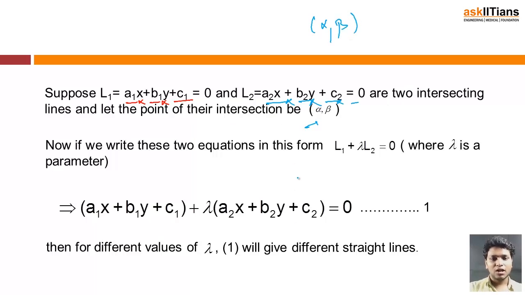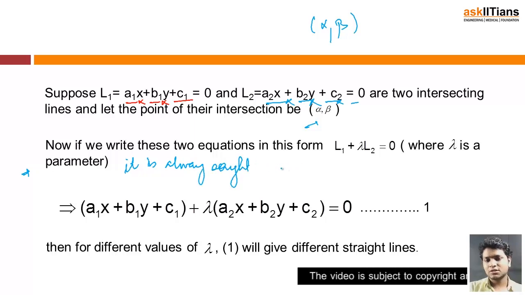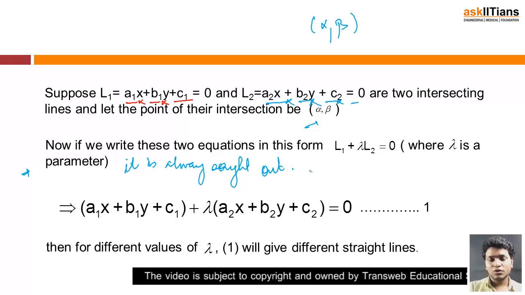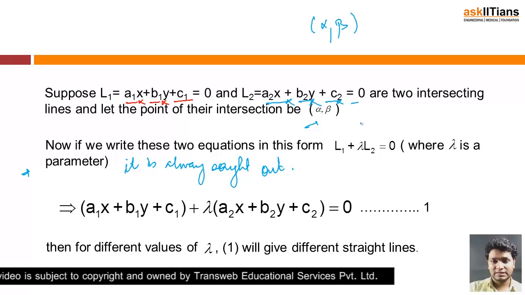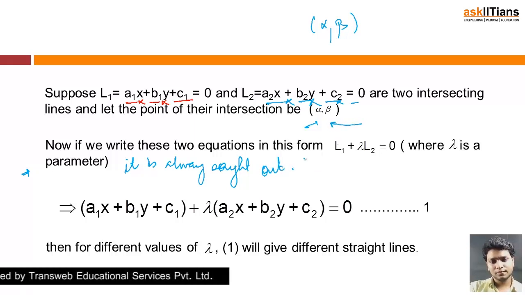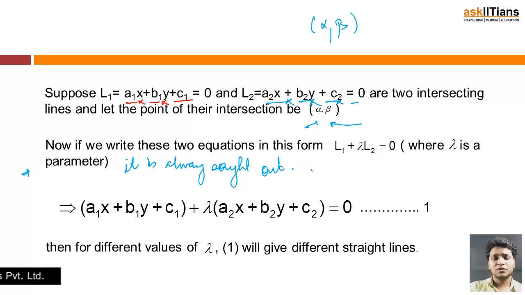Now we write this in the form L1 plus lambda L2, where lambda is a parameter and it is always sought in the question, because if you find the value of lambda, we'll find that specific equation which passes through the point of intersection, alpha and beta, and has a specific slope determined by the parameter.